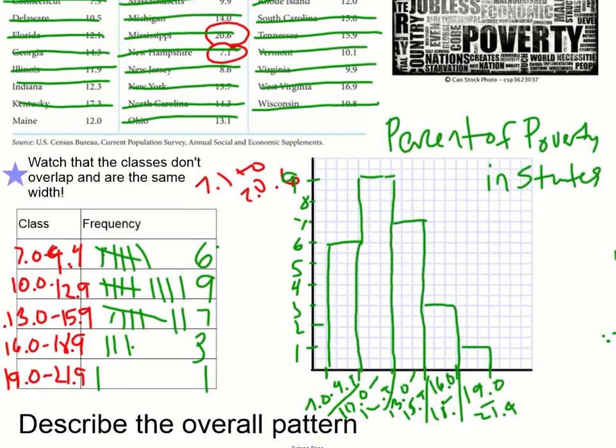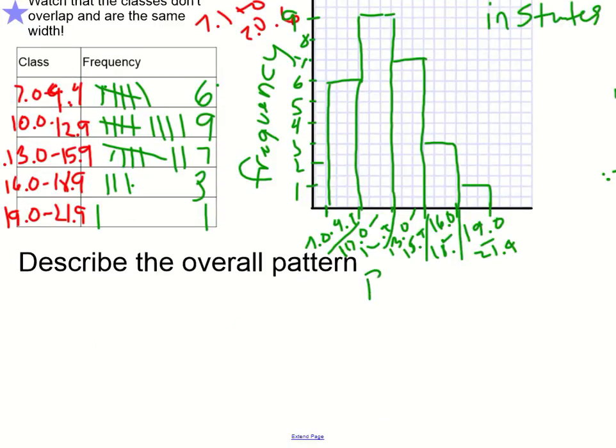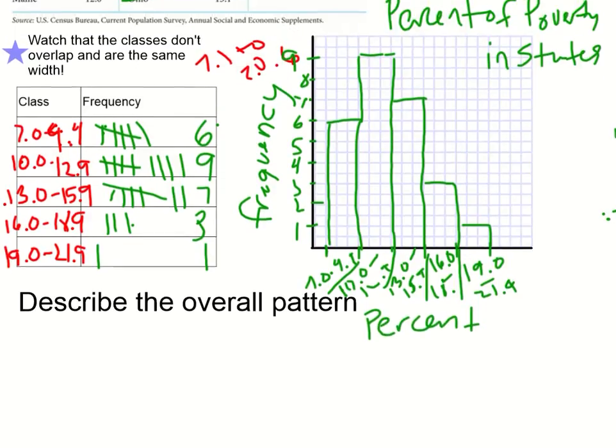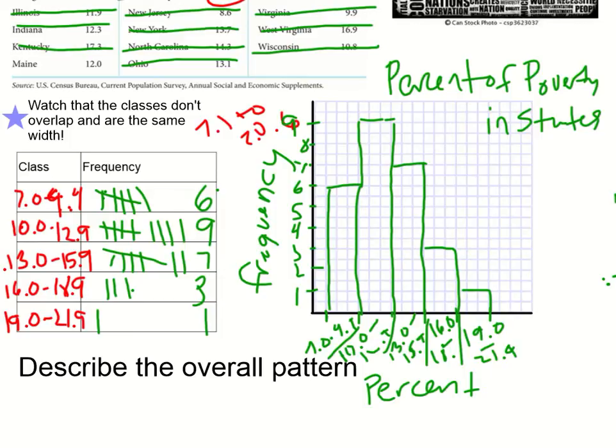In a histogram, we usually label the y-axis frequency. And we usually label the x-axis by whatever it is we're measuring. We measure the percent. So there we have our histogram. Not the prettiest looking one in the world right now, but you get the gist of how to make it.